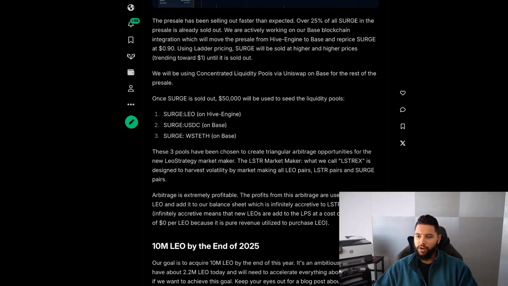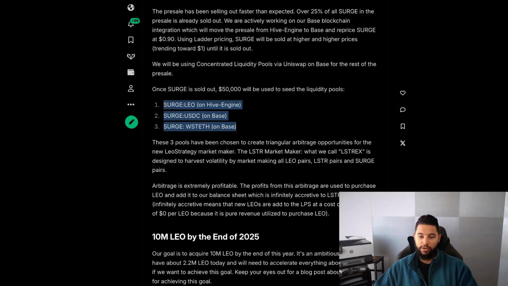What I've seen here, which I think is also really smart, is creating arb triangles. By having a Surge LEO pair, a Surge USDC pair, and a Surge ETH pair, there's something really interesting that can happen here, which is, Ethereum has volatility, LEO has volatility, USDC has no volatility. And then also there's going to be a Surge Hive pair just by nature of Surge being on Hive.